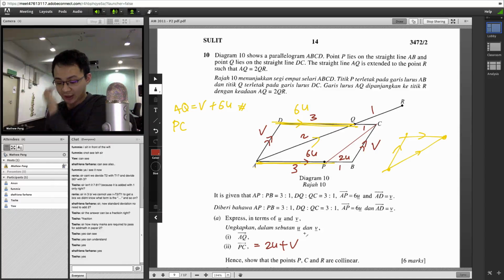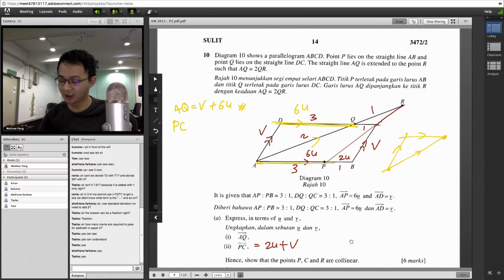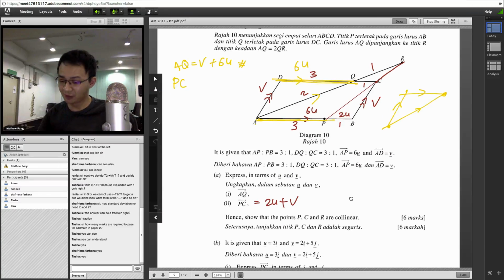Okay? Hence, you have to show P, C, and R are collinear, meaning they connect together. Collinear means they're all in a straight line. So in order to show that, you have to write out a collinear equation.